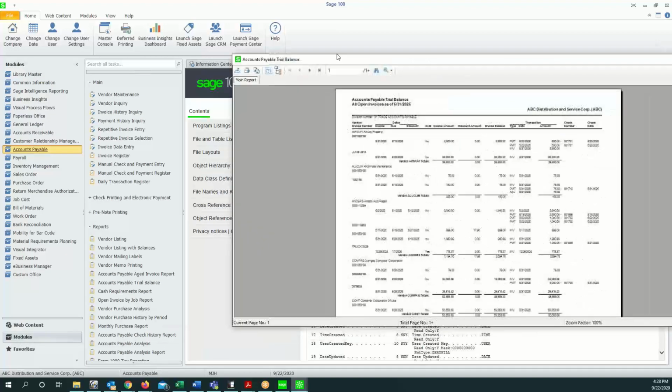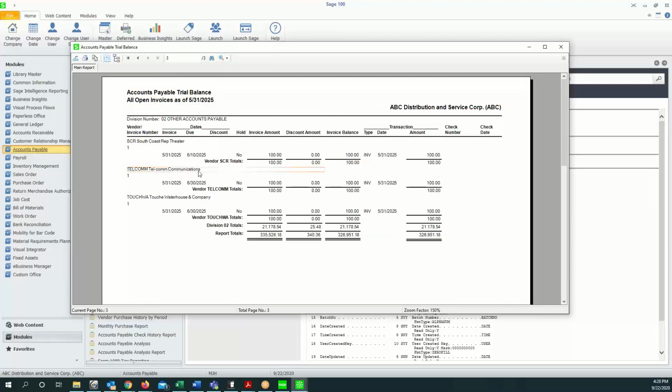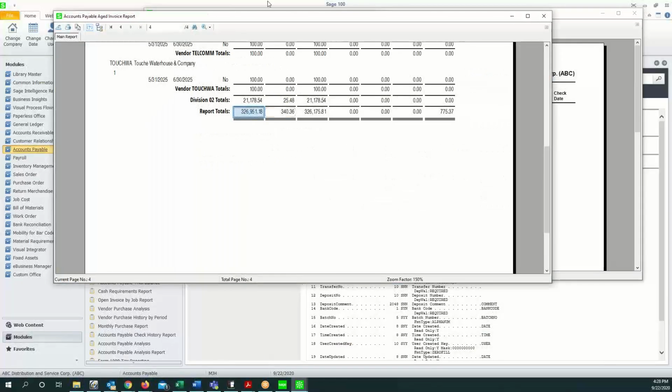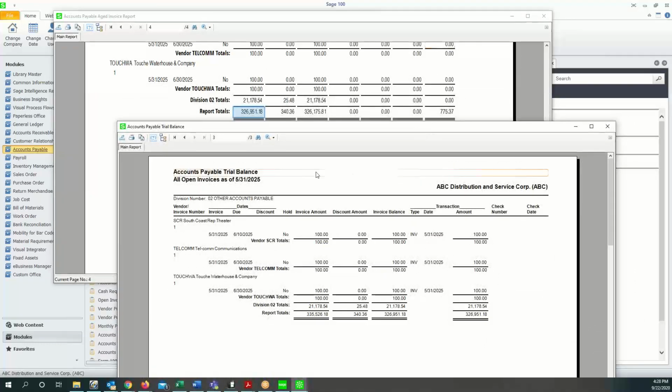So as I get this report pulled up here, and again, zoom it in for everybody, I go look at the end, and my invoice balance is basically $326,951.18. Well, we know that that's nowhere close to the GL, but it does match our aging report balance. So again, this gives me some confidence that the general ledger is what is out of whack and would subsequently need to be adjusted.